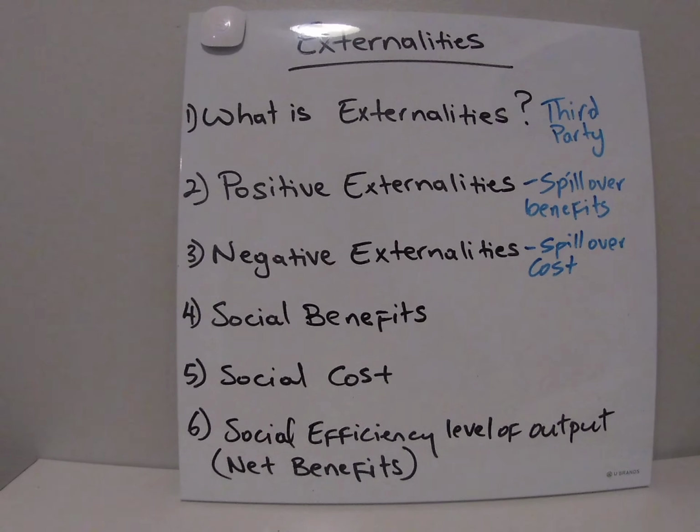All right. So the next thing we will touch on is social benefit. Social benefits are basically the total benefits, when you take into consideration the private benefit and the external benefit. Private benefit has to do with the benefit from a consumer perspective. So let me put that in perspective here.